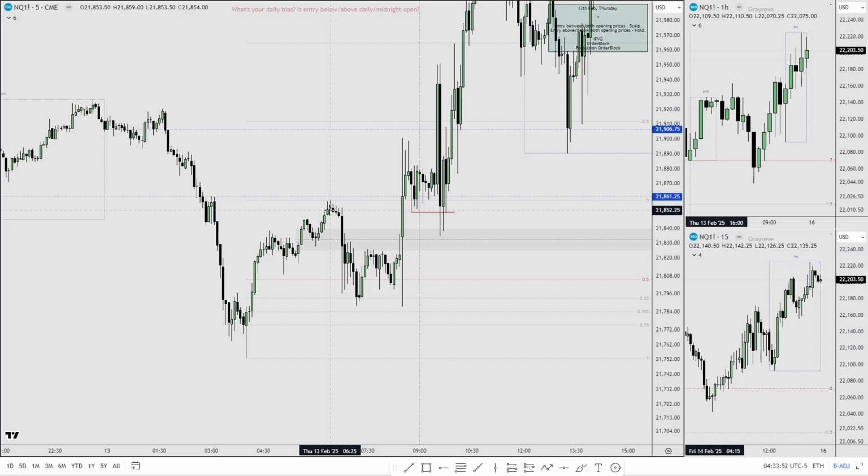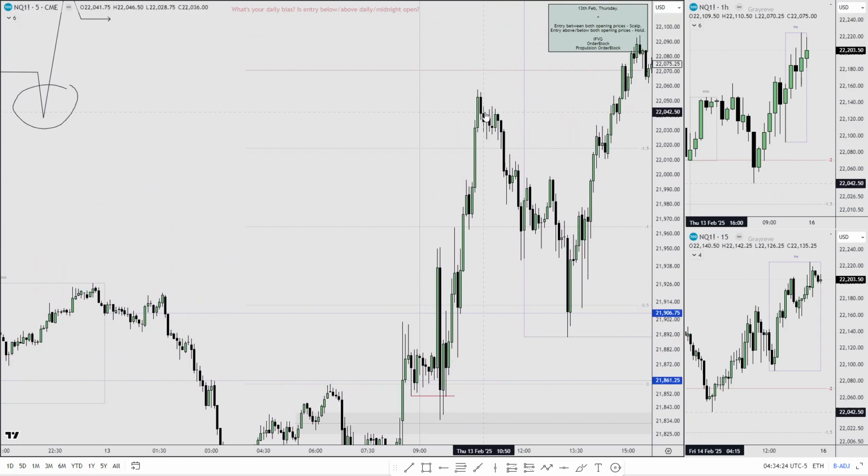Okay, but I'm just saying, if London does not provide this first initial retracement, look for your higher time frame targets to be met prior to 2 p.m. Okay, if London has already offered the first leg's discount, look for your targets to be met prior to 11:30, which is what we have right here.